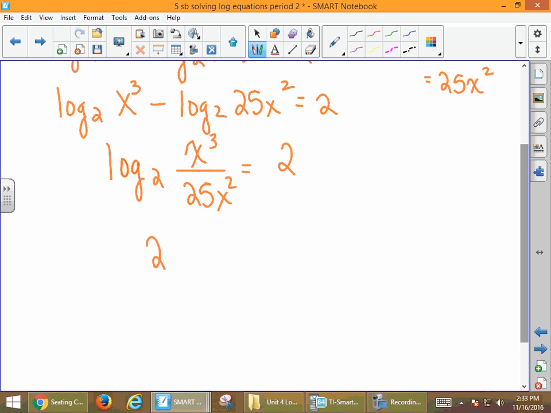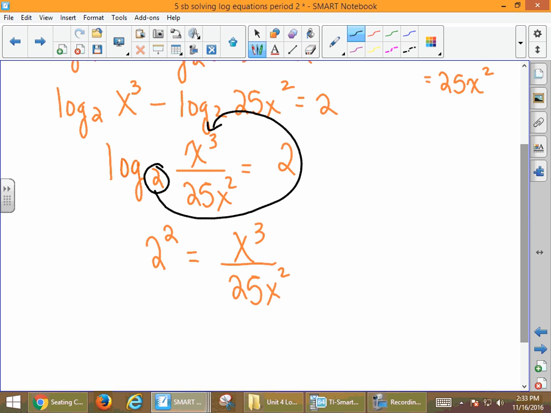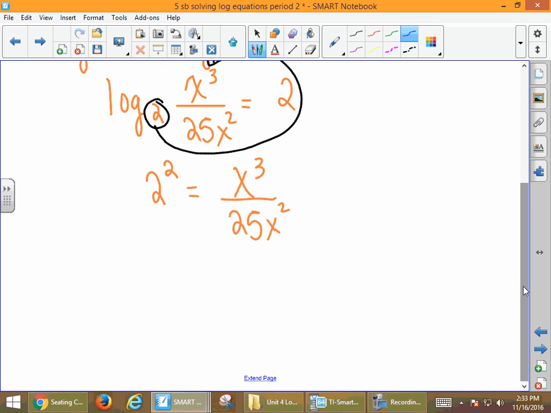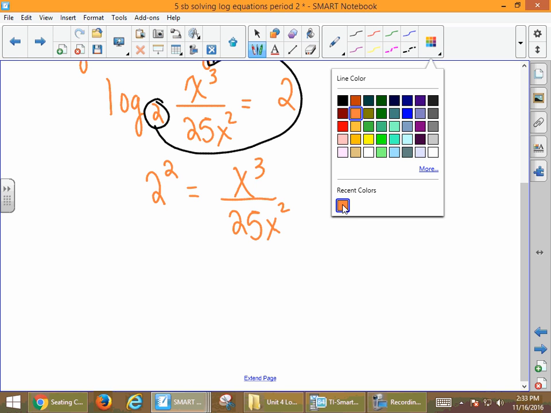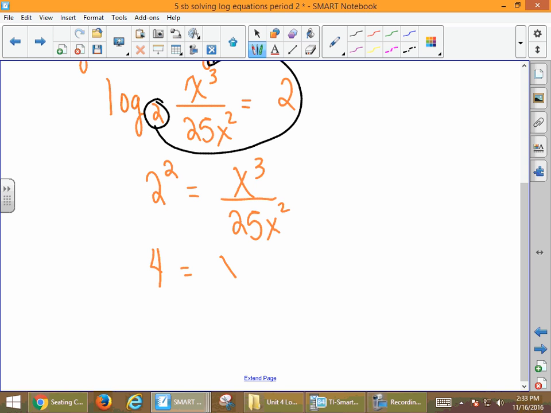So it becomes 2 squared equals x cubed divided by 25x squared. If you prefer, go up and around. So as we simplify that a little bit more, we end up with 4 equals x cubed divided by 25x squared.